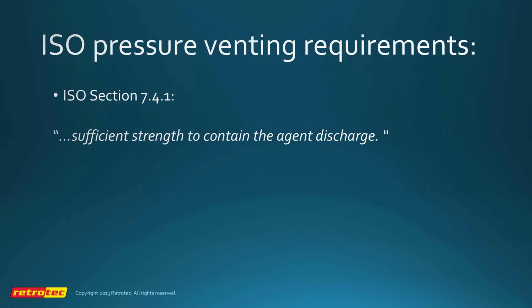So that kind of implies that you need to know what the pressure is going to be in the enclosure, and by measuring the enclosure leakage or the enclosure and vent leakage, we can determine whether or not it has sufficient strength to contain the agent discharge. That also requires that there is a specification for the structural strength of the enclosure, which typically would be in the range of 250, 500 to 1,000 pascals.